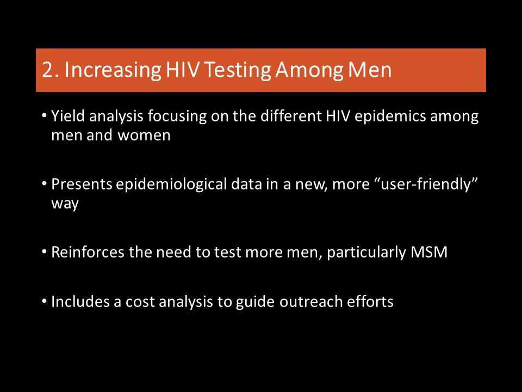And when we started doing this, we really wanted to present this in a profound way that's new and easy to understand, so that people could really understand the importance of reaching more men. And in addition to that, we also included a cost analysis just in an additional attempt to further guide outreach efforts.